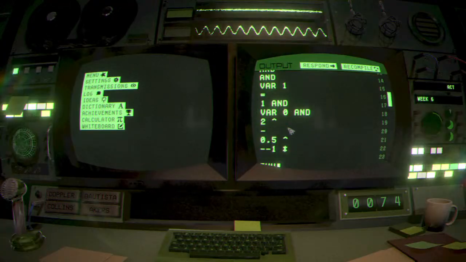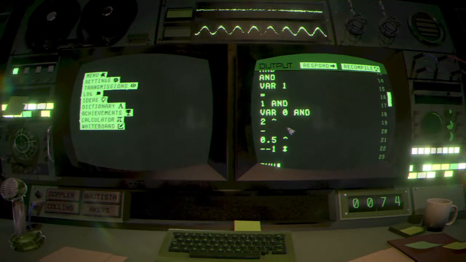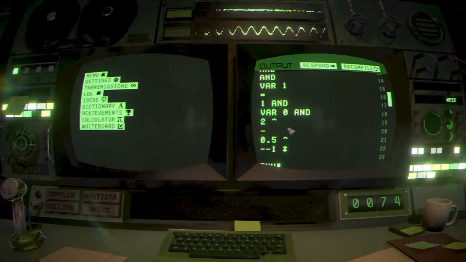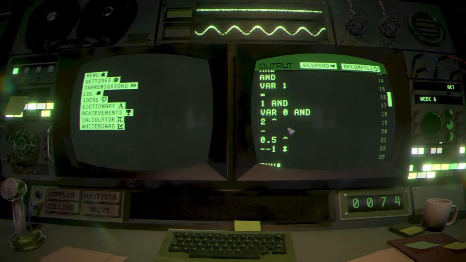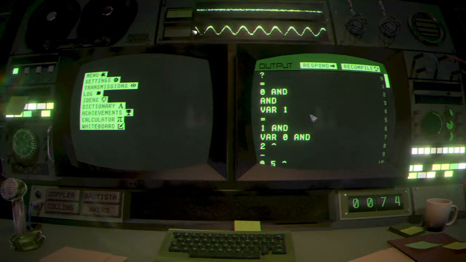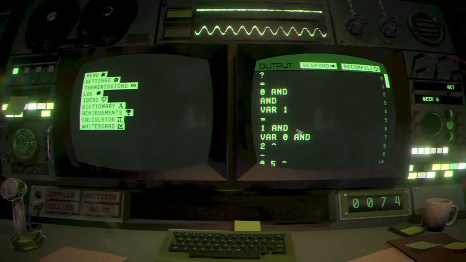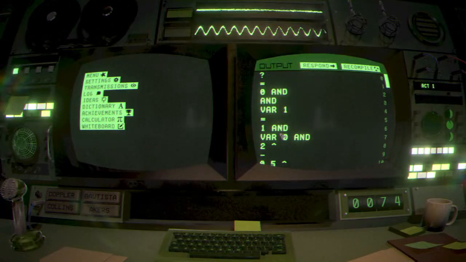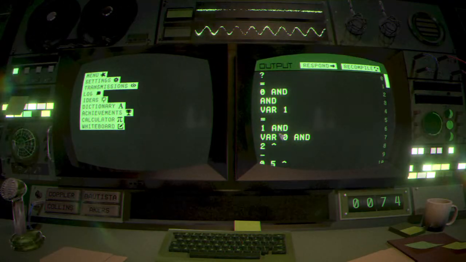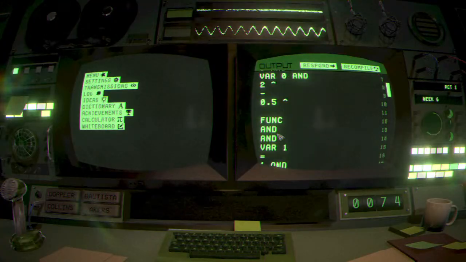So now here's another function. Variable 1 is equal to 1. Variable 0 is equal to, no. Okay, hold on. I was just reading it wrong.